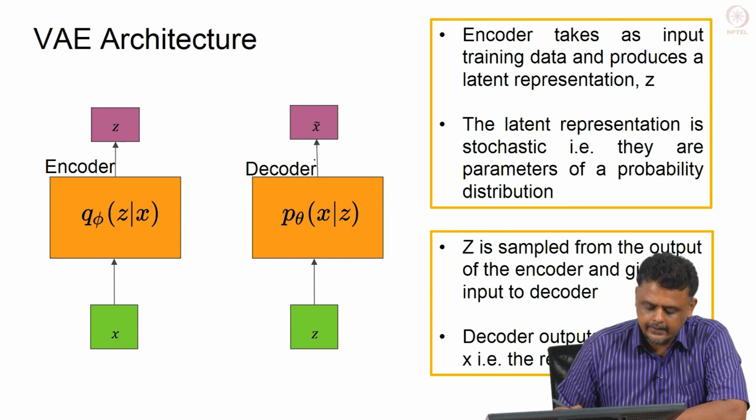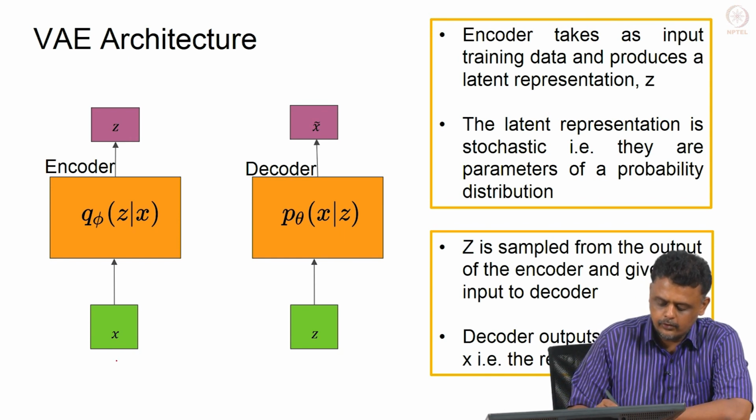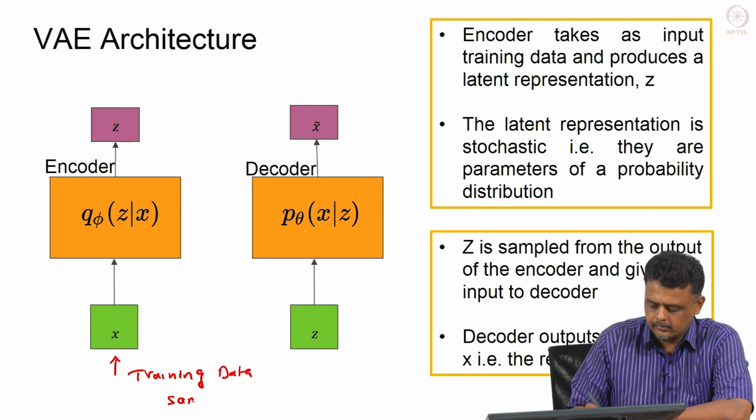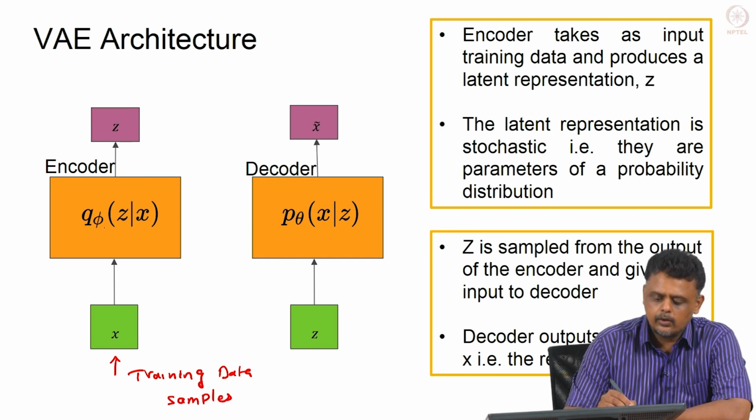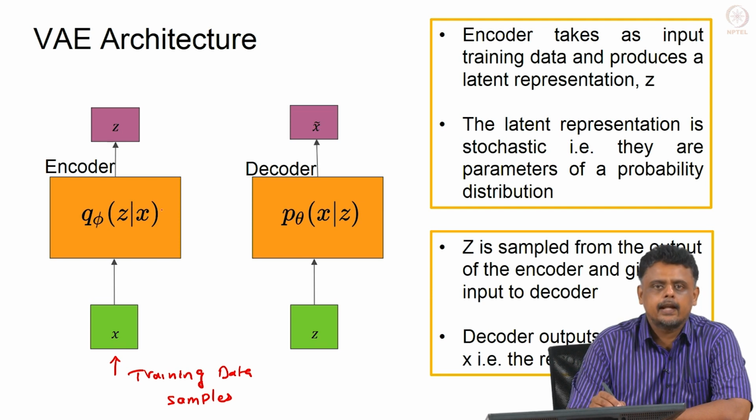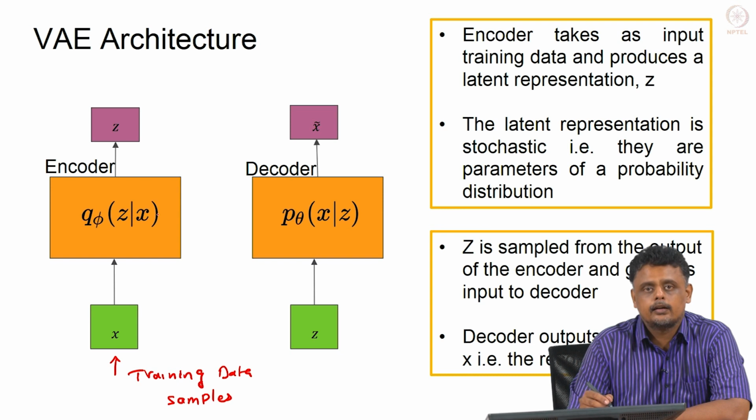So, the VAE architecture. This is your training data as input, so training data samples are given as input. q of z given x is actually represented by a neural network.